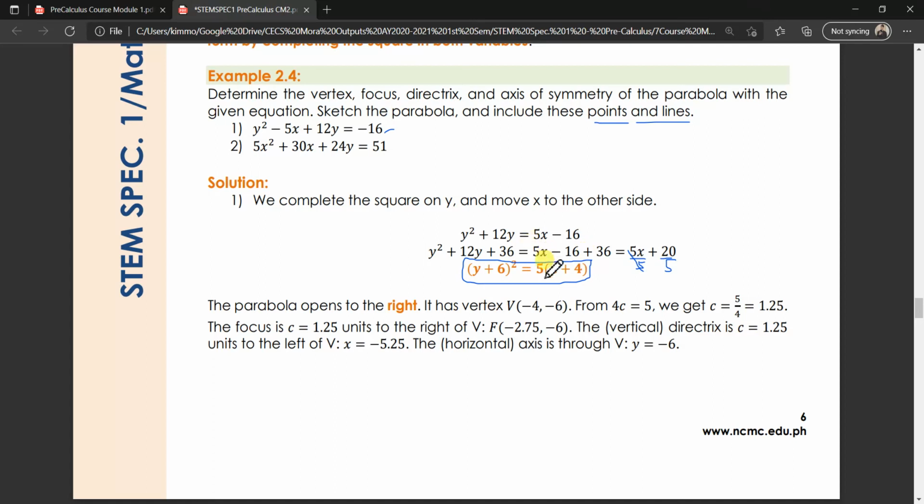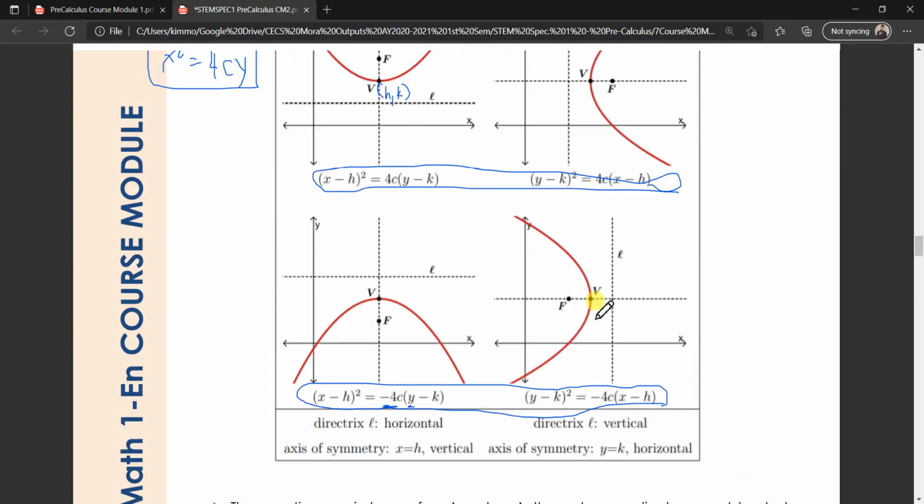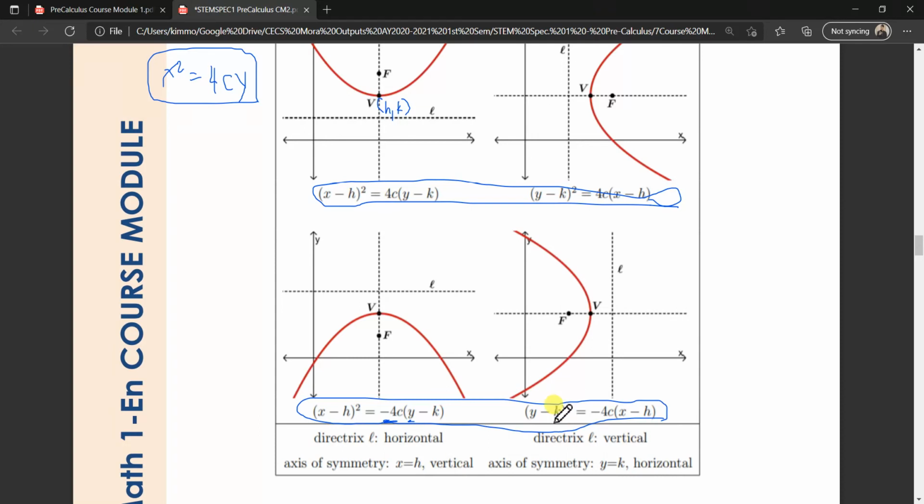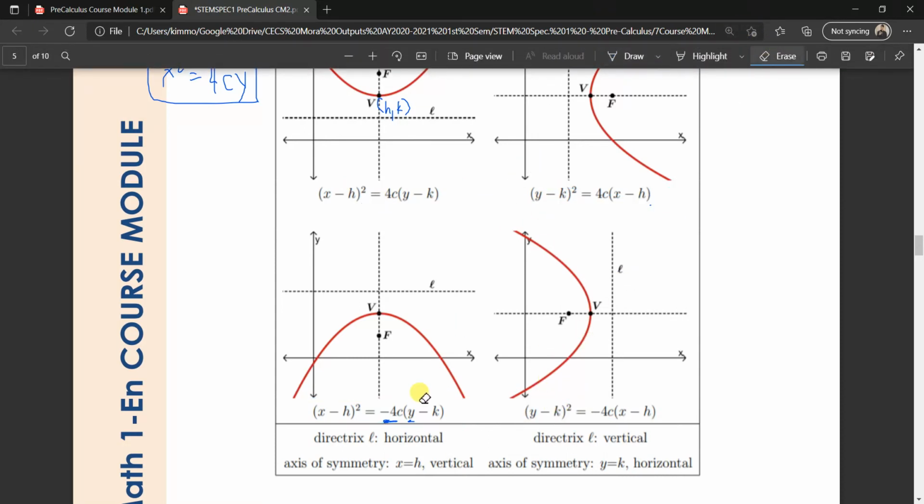So, how do we identify the parabola? Since the y part of our equation is the one that is squared, our parabola is facing either the right side or the left side. So again, in our case here, if the y part is squared, it should be opening to our left or to our right.